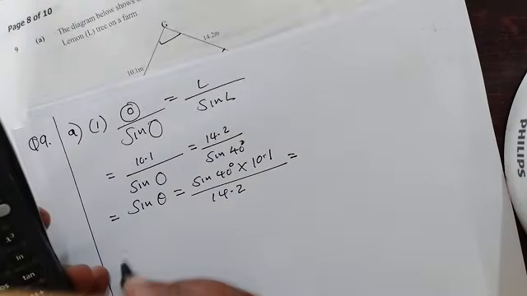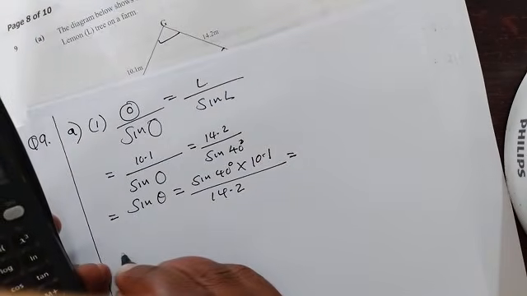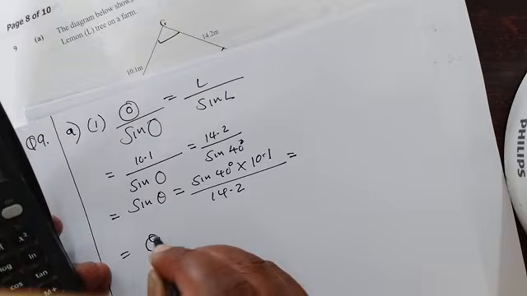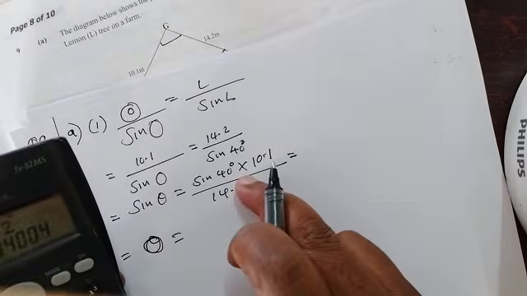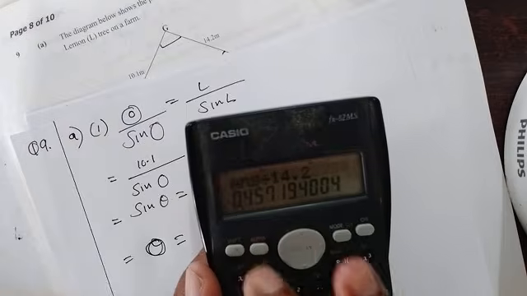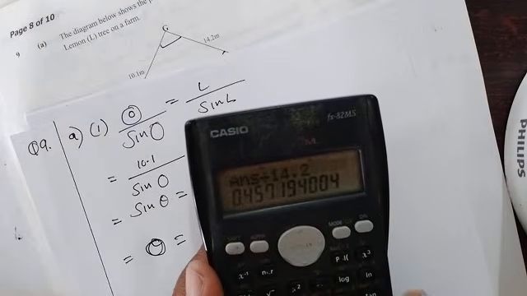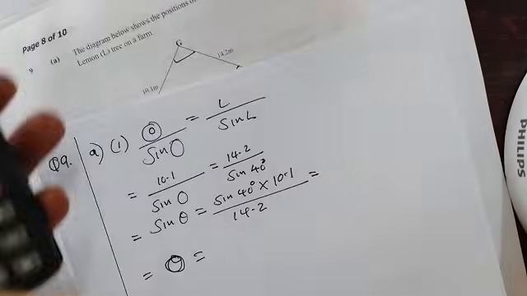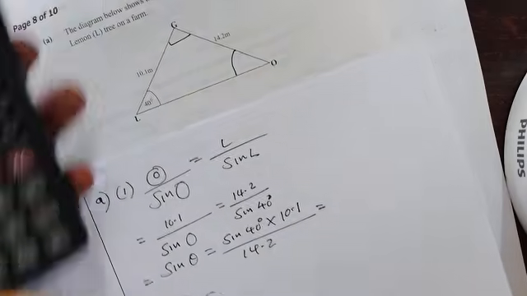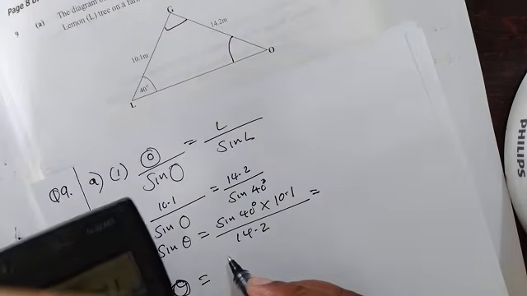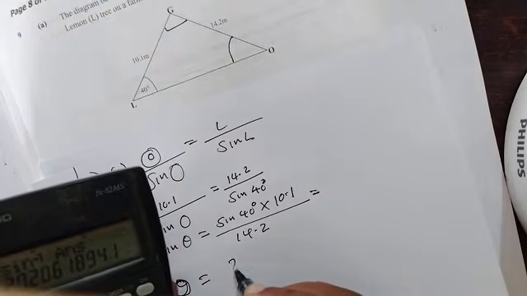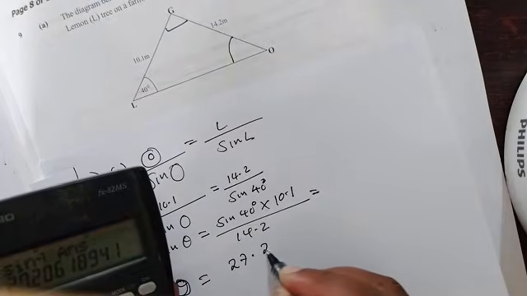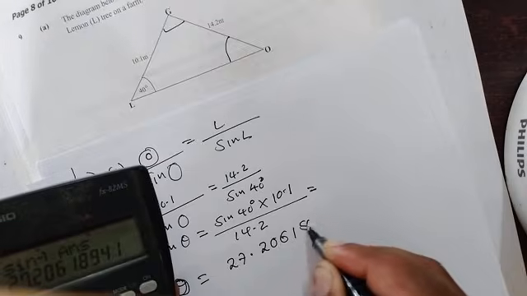Now, to find the angle here, O, you need to find the inverse of this one. So just press shift sine. What are you getting? You are getting 27.20618941.